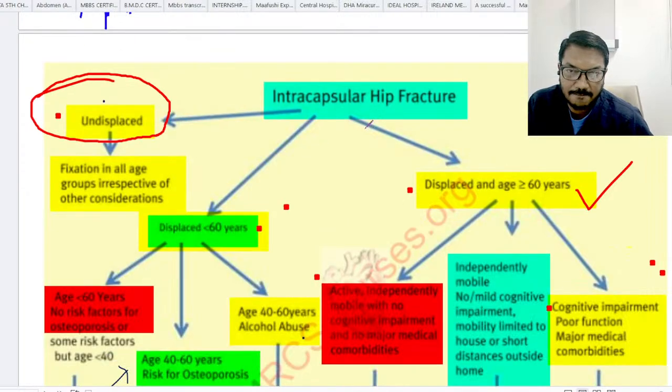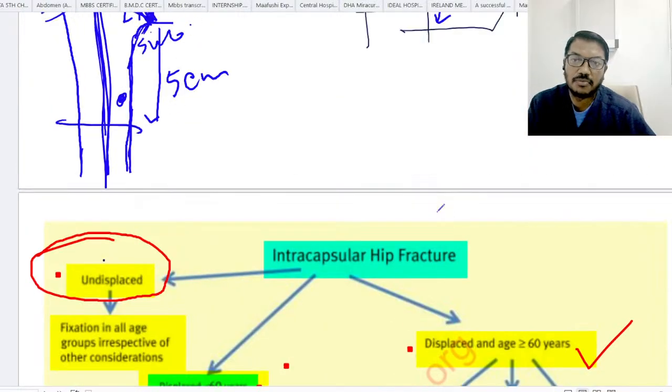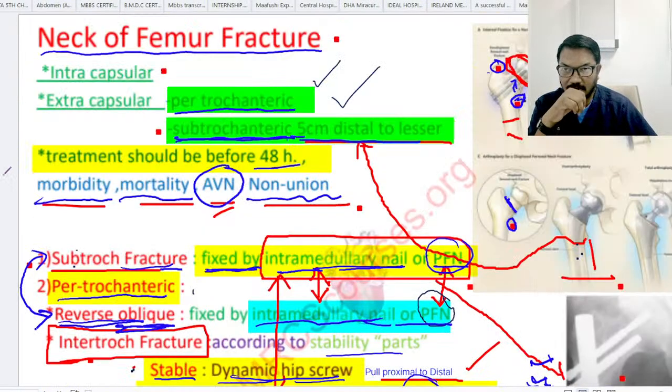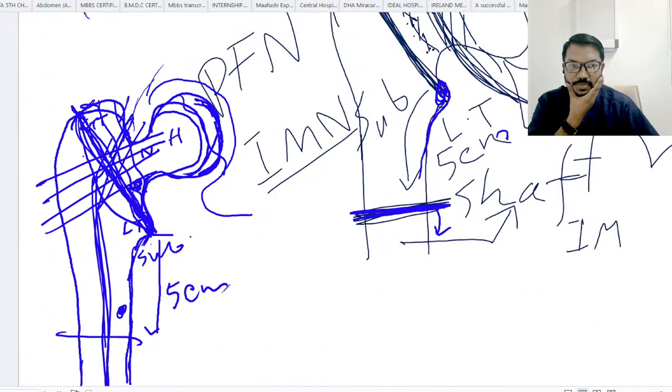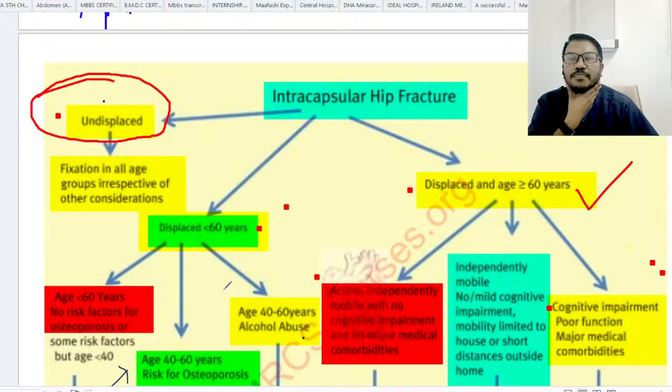Now intracapsular hip fracture. Before, we only explained the extracapsular fractures. Now the intracapsular fracture: if it is undisplaced, fixation is done in all age groups irrespective of other considerations.